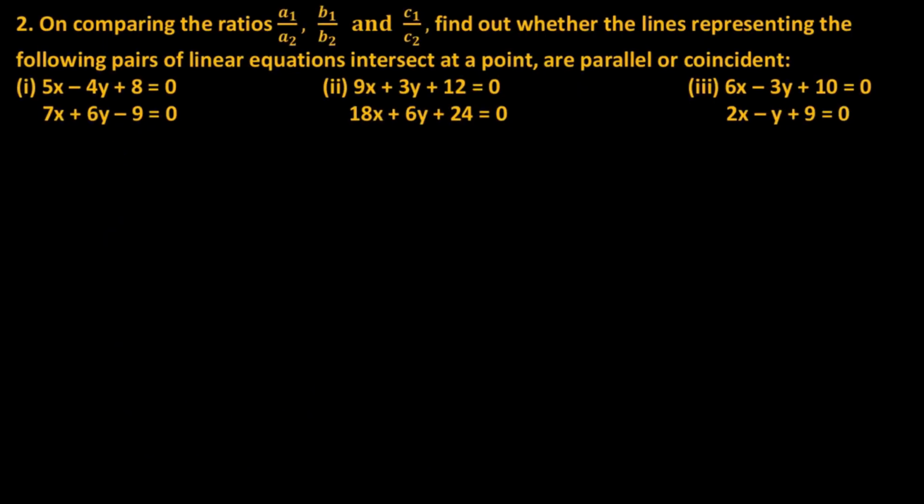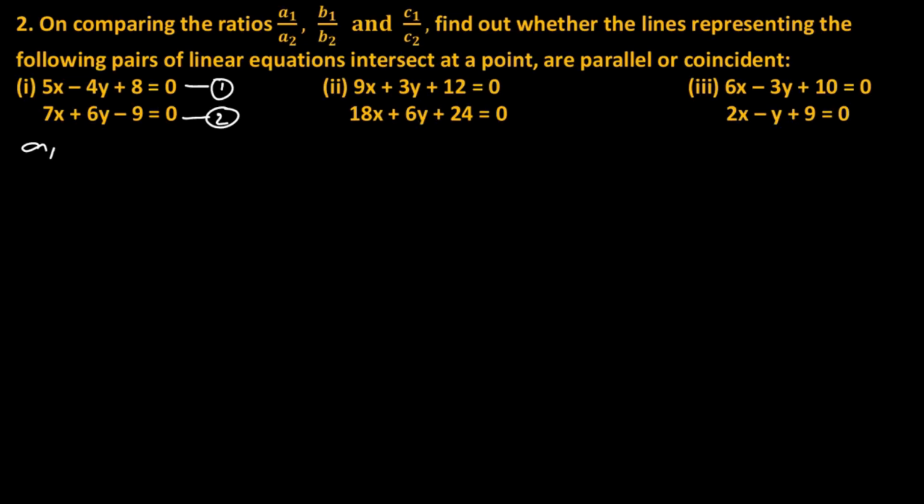So the second question is, on comparing the ratios a1 by a2, b1 by b2 and c1 by c2, find out whether the lines representing the following pairs of linear equations intersect at a point, are parallel or coincident. So if you look at the first question, this is our first equation, 5x minus 4y plus 8 equal to 0. This is our second equation, 7x plus 6y minus 9 is equal to 0.